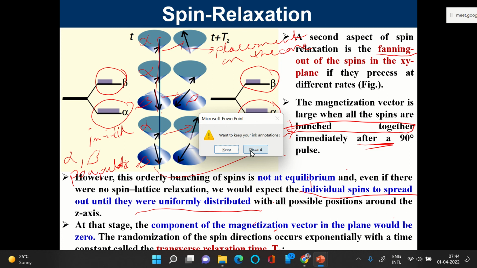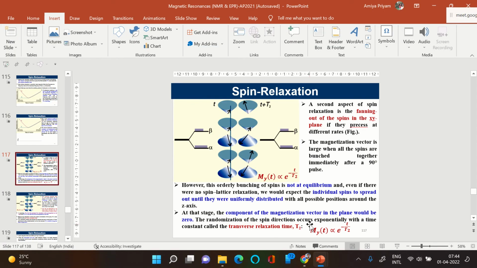So this is what we call transverse relaxation time, and this is given by this mathematical relationship. It also has an exponential relationship. Earlier we saw the y component was proportional to t by T1, and this is small t by T2.